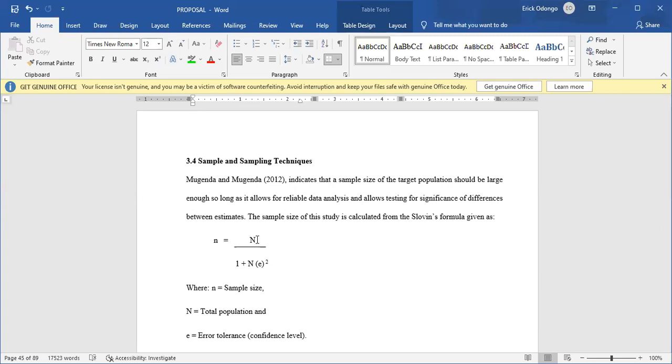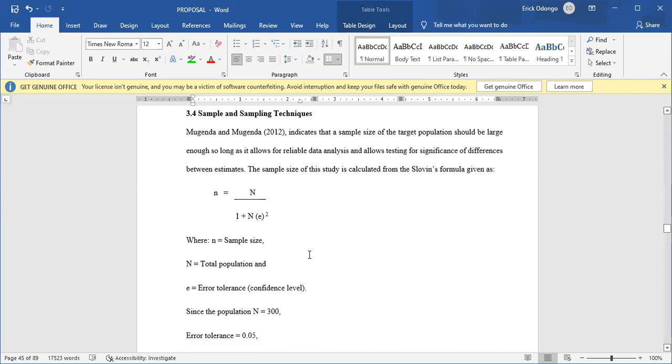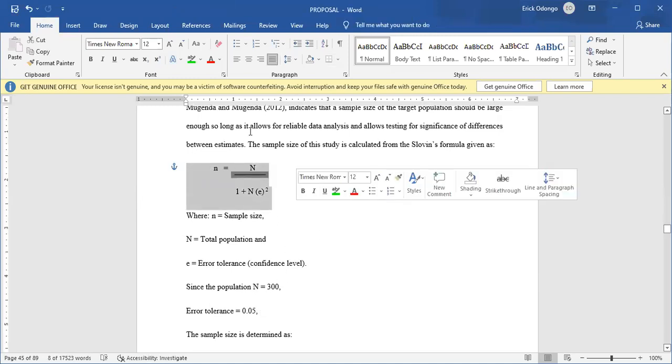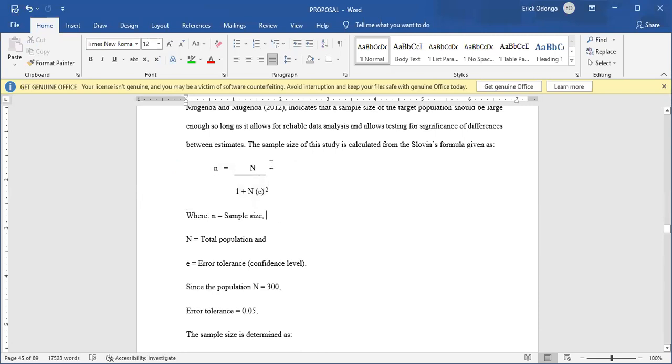Your total population is N. Divide that by 1 plus N into error. There must be some error. Normally, take 0.05 as the error tolerance, but the formula that you will be using to calculate the sample size is n equals N over 1 plus N into error, and then you square that.